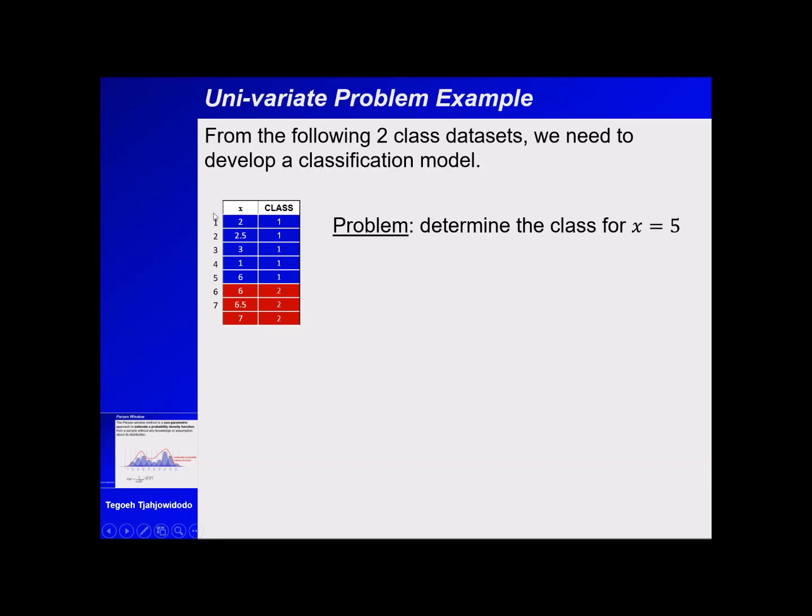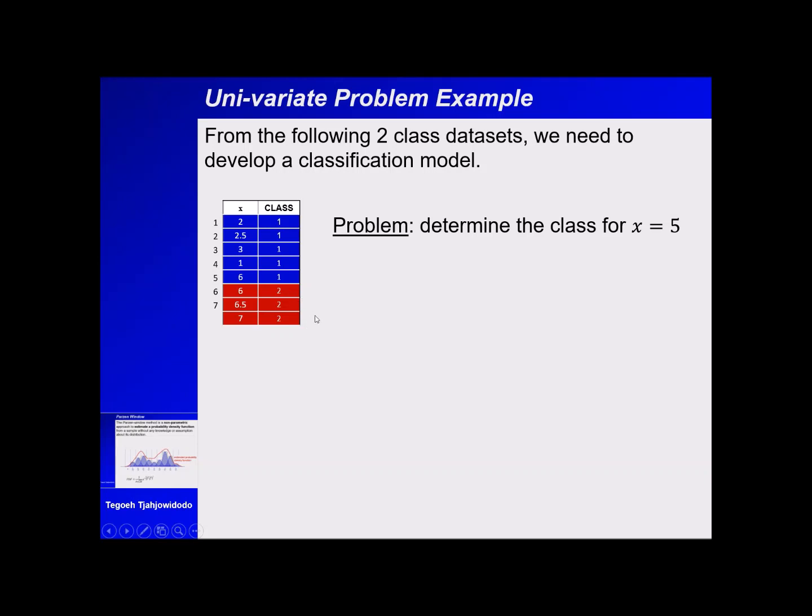If I look at these training sets, just qualitatively, I can see that if X is small, 2, 2.5, 3, 1, they will belong to class 1. If the input is large, they will belong to class 2.